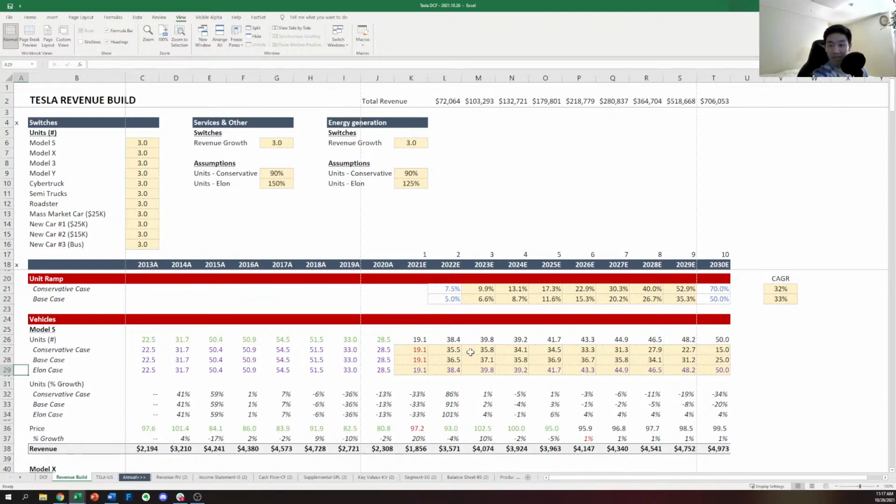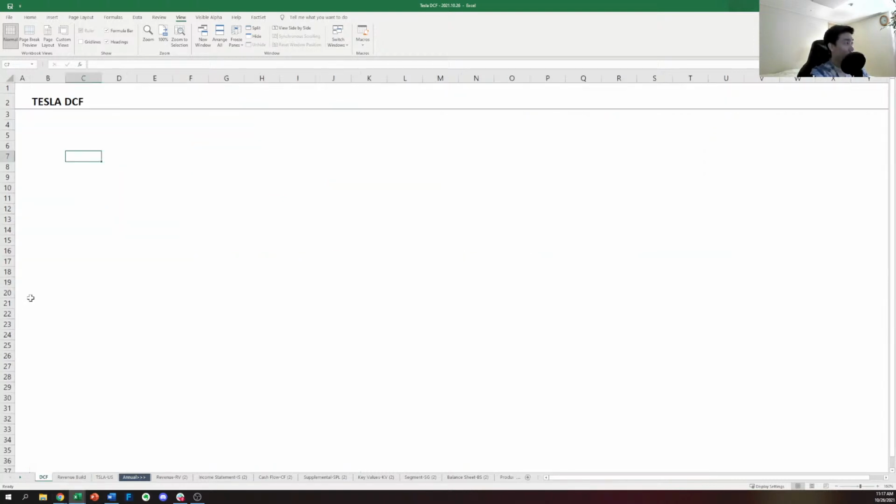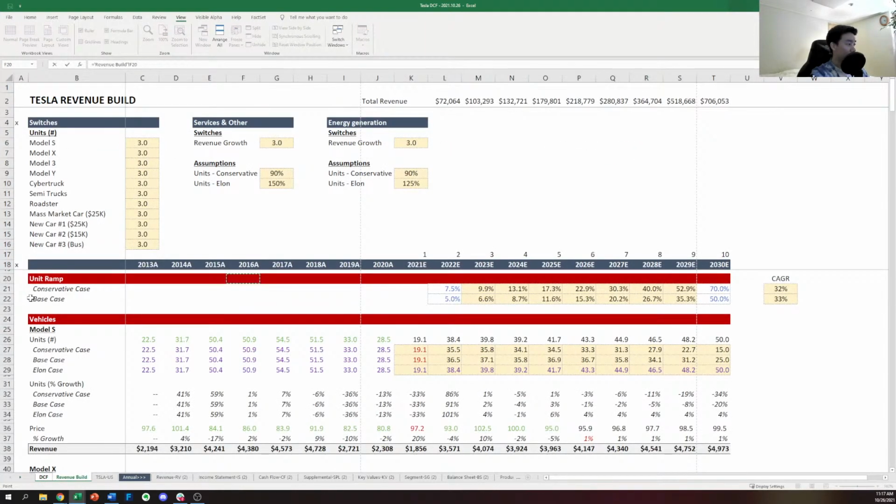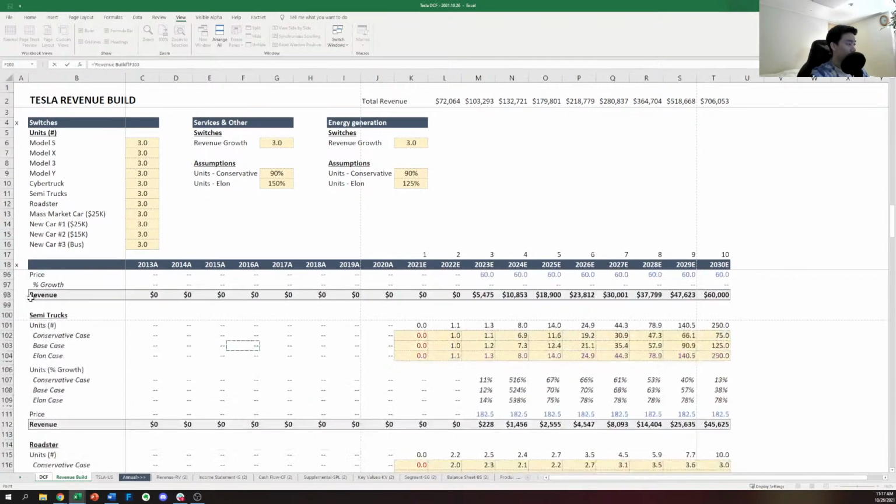Isn't DCF used to discount cash flows to present value? Yep. We only got to the building out revenue part. This is where I guess I can show you guys what we would do next, right? So we would have our revenue. I'm only going to show you one step. And then we just link it to here. We link it to our revenue.